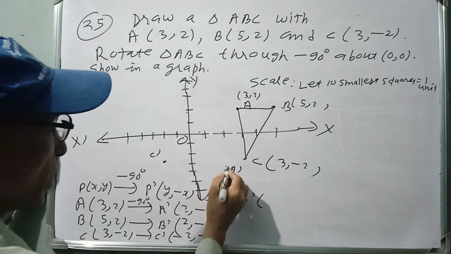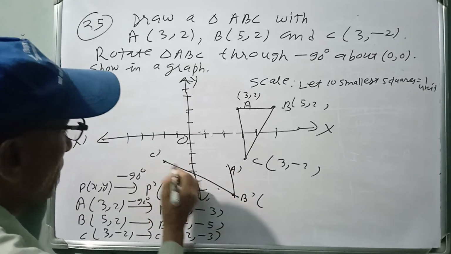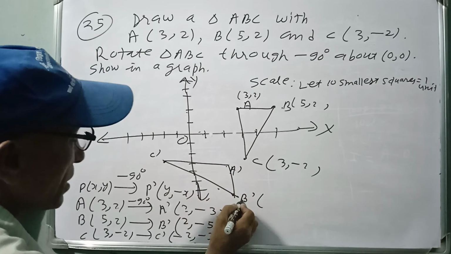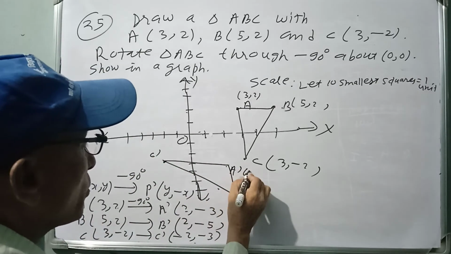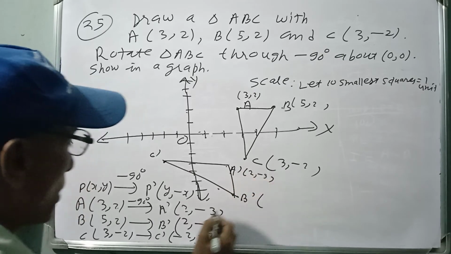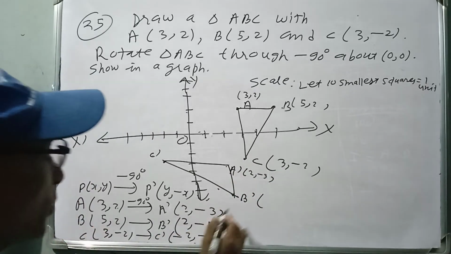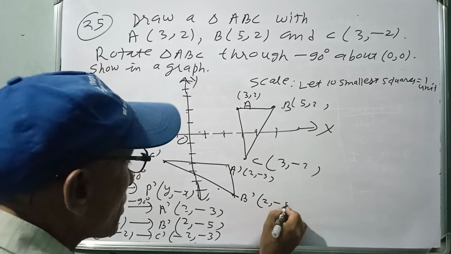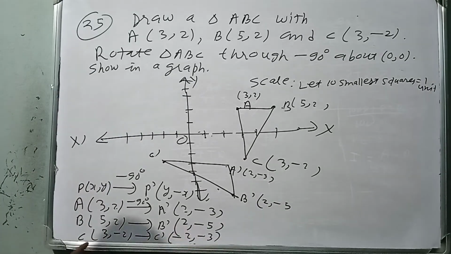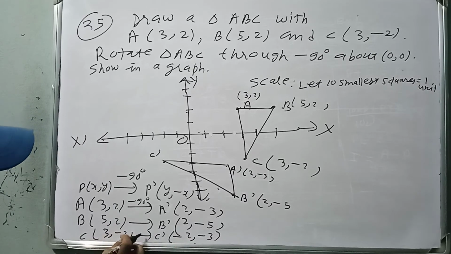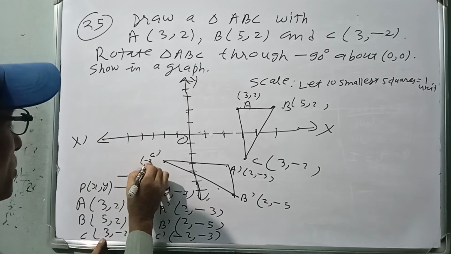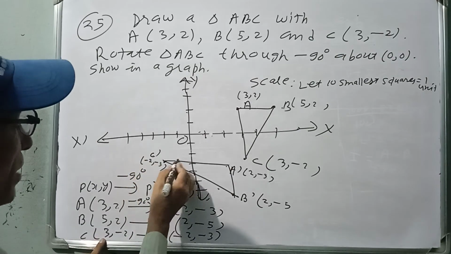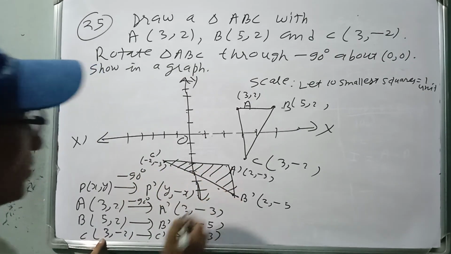Join A'B', B'C' and C'A'. A'(2,-3), B'(2,-5), C'(-2,-3), and shade.